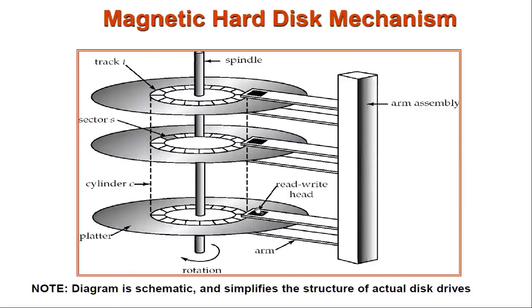You can have the arm on the top as well as at the bottom, and at the tip of your arm you have the read-write head. This arm can move horizontally, front and back, so that the read-write head can reach from the outermost track of your hard disk to the innermost track.